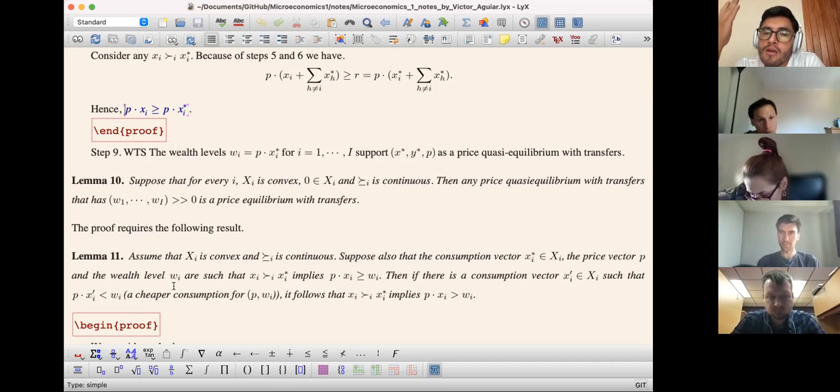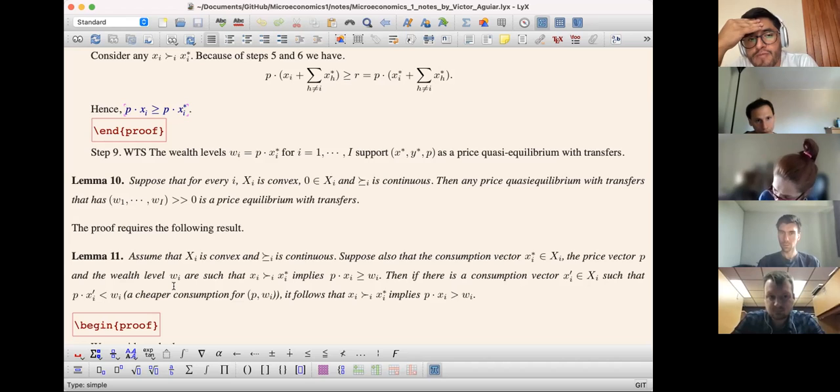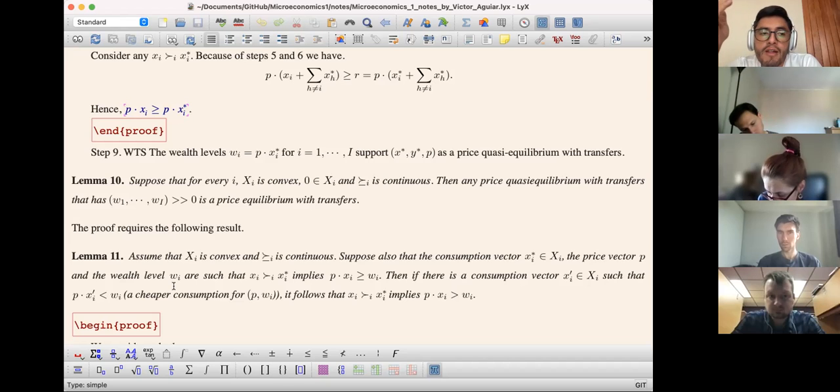Now, here in lemma 10, we say that the difference between quasi-equilibrium and equilibrium is merely technical. So we have some convexity on the consumption space, we allow inactivity, zero, and then we also add continuity of the preferences. And then it turns out that any price quasi-equilibrium with transfers that has positive income profile is also an equilibrium with transfers, okay?